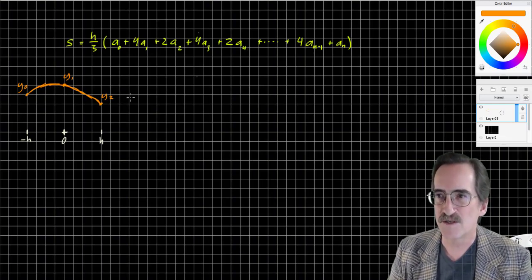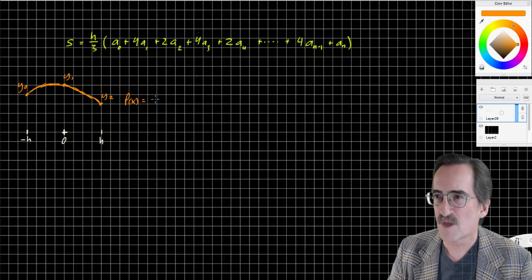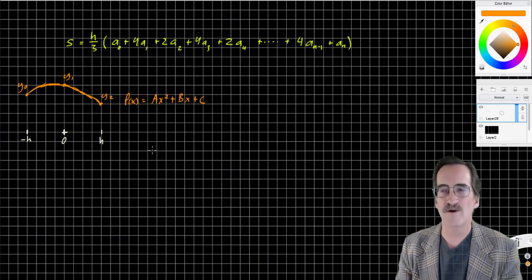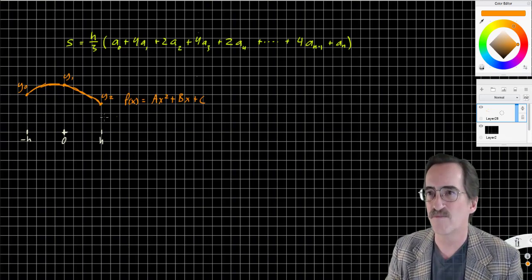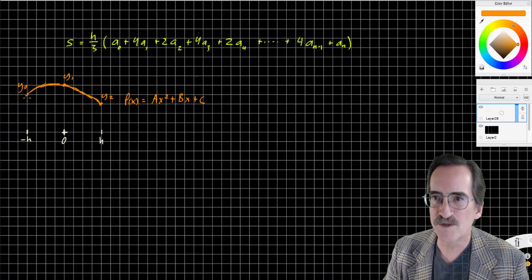And this function here, we'll call this f of x, is ax squared plus bx plus c, just the generic form for a parabola. What we're interested in here is the area under the curve.